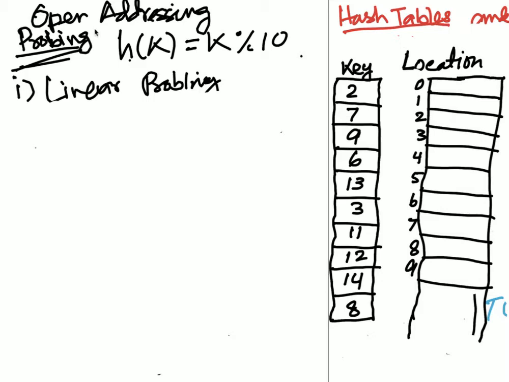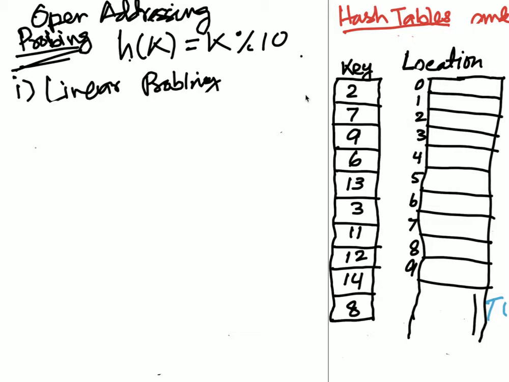For instance, we are considering our linear probing, linear hashing method. These are our key values, so I redraw this: 2, 7, 9, 6, 13, 3, 11, 12, 14 and 8. We have 10 key values, so in a simple hash table we can have 10 locations, a hash table with size 10.